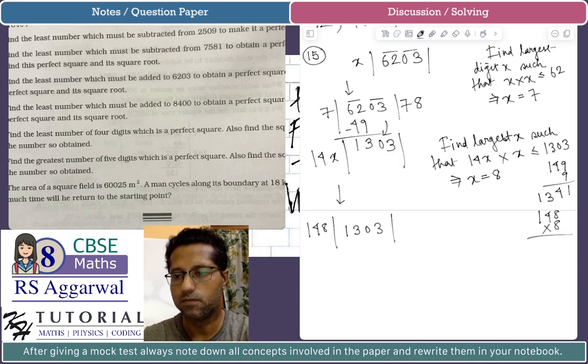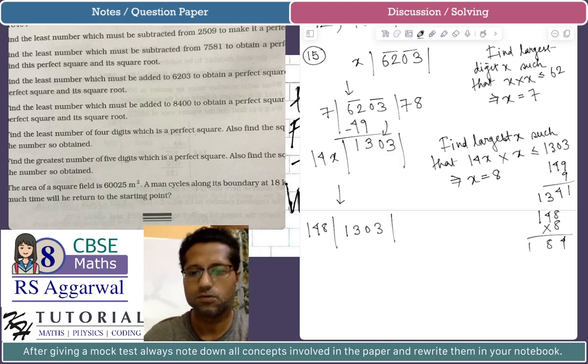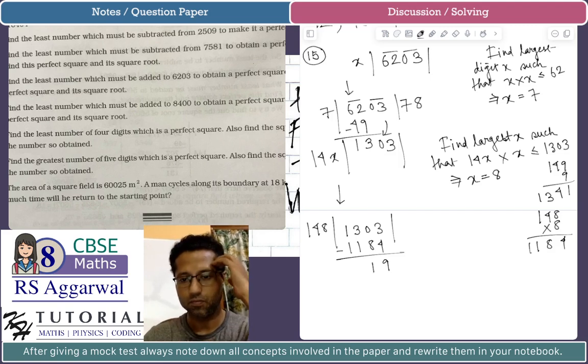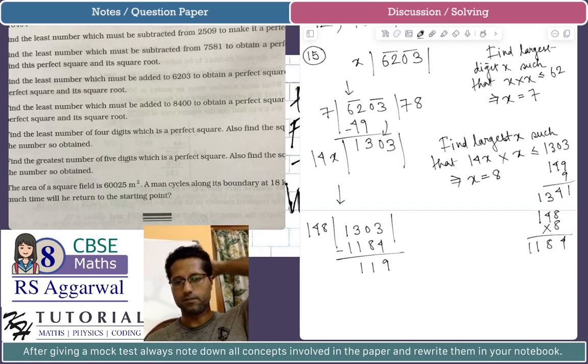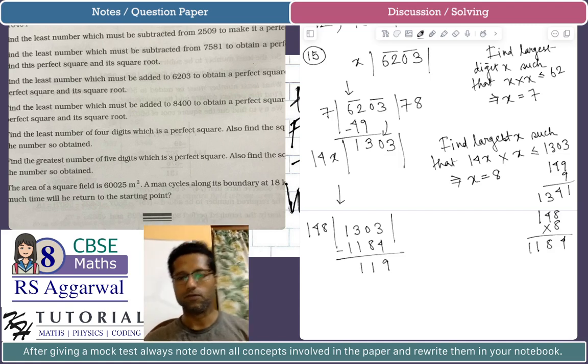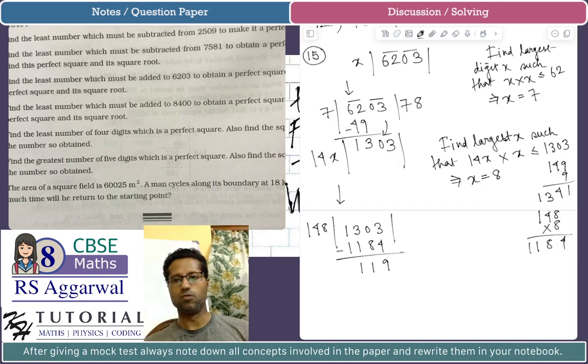It is 64, 32, 38, 11. So we have 1184. After subtraction we get 119. Okay, and of course there are no more periods, so the remainder is 119.